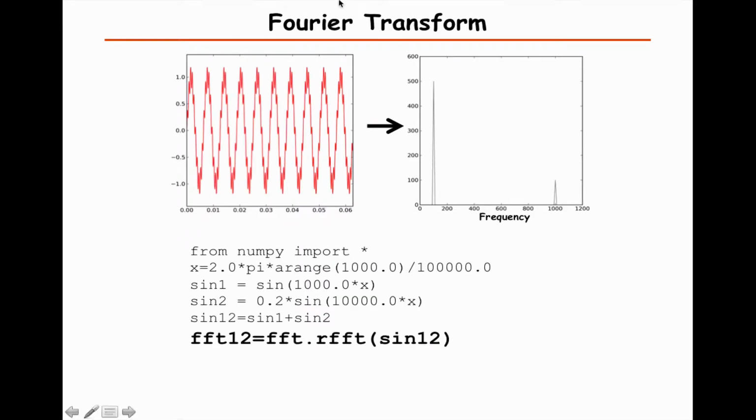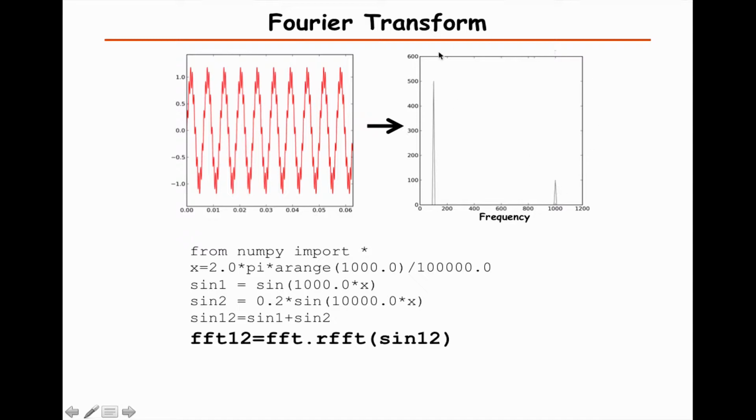So now we made this composite curve adding up two frequencies with two different amplitudes. If we do the Fourier transform of this, we get back two peaks at the correct frequencies with the correct ratio between them.